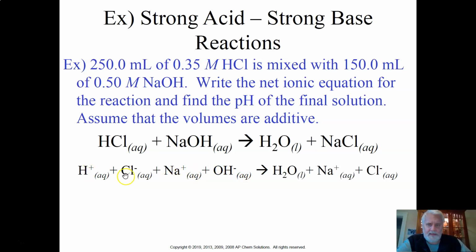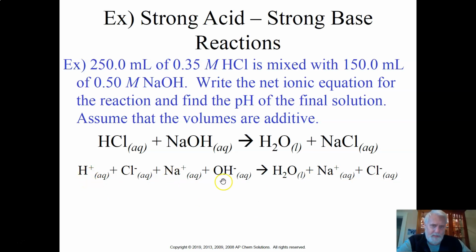So basically, you've got 4 ions sitting there in solution, and 2 of them will combine to form the water, and 2 will combine to form the salt, the NaCl. But remember, the sodium and the chloride ions are the same thing on both sides, so those are spectator ions. They've got nothing to do with this.